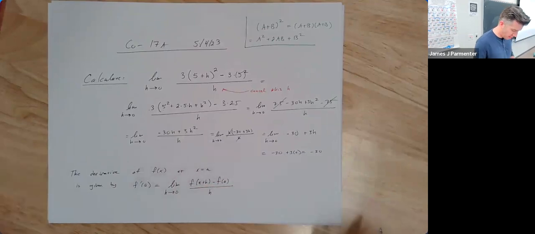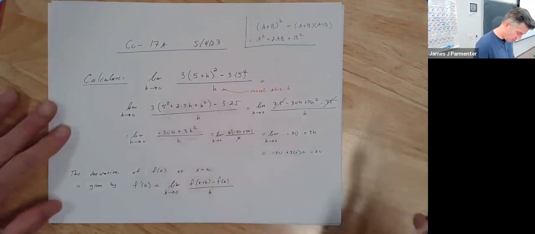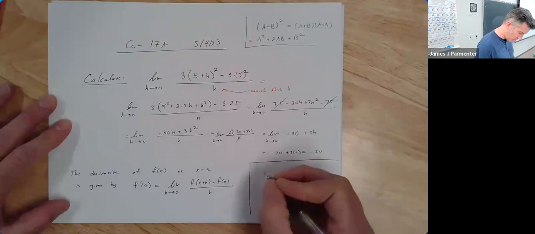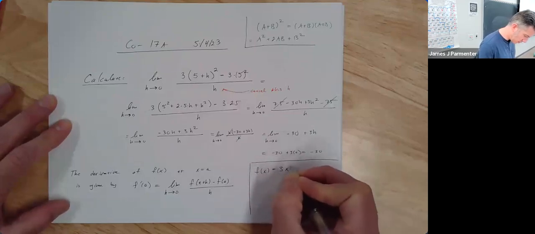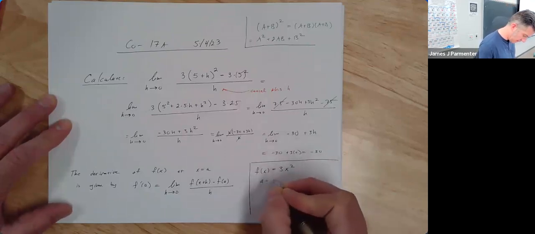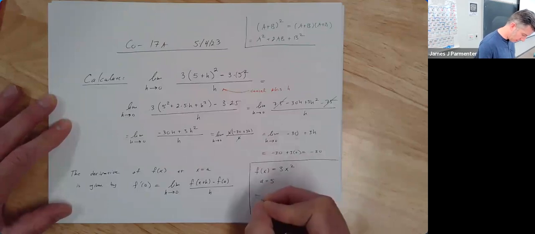So with that context, we can see here that what we just calculated was, well, if our function was 3 times x squared, and our a was 5, we just calculated f prime of 5.